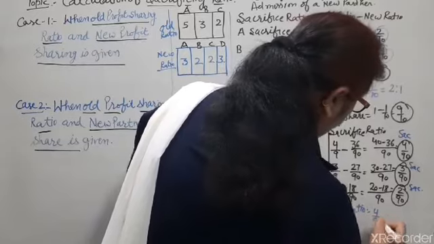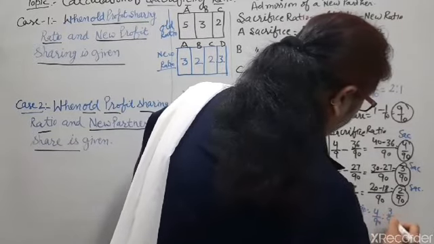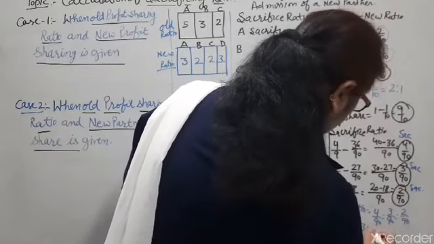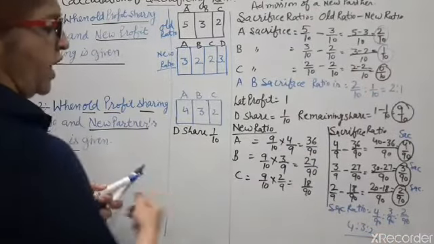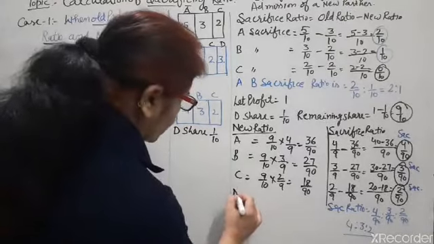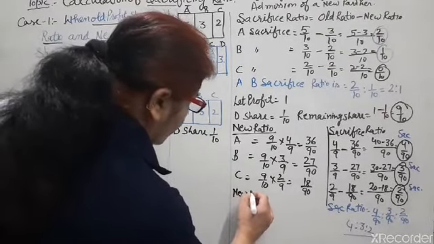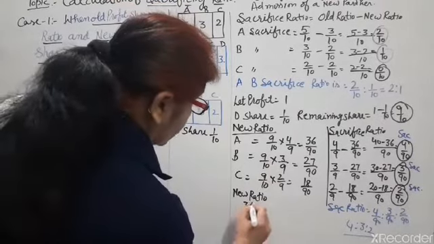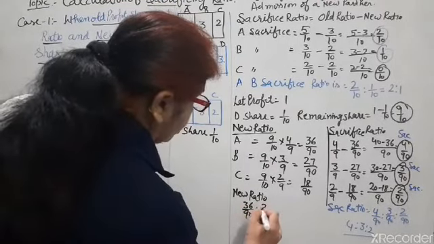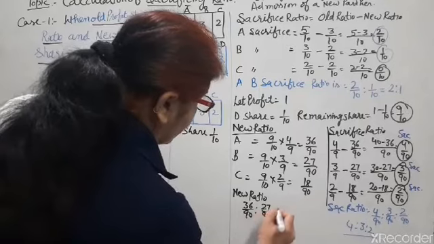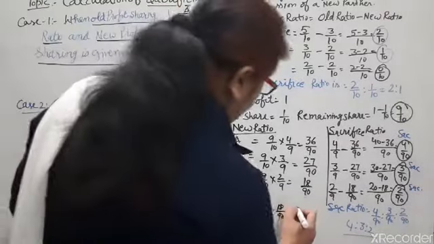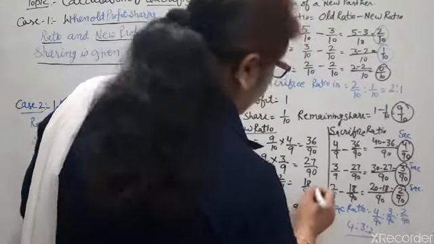4 by 90, 3 by 90, 2 by 90, that is 4:3:2, the original ratio. And the new ratio of all partners is: A's ratio 36 by 90, B's ratio 27 by 90, C's ratio 18 by 90, and D's ratio is 1 by 10.